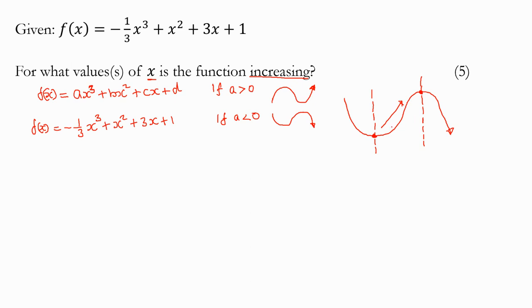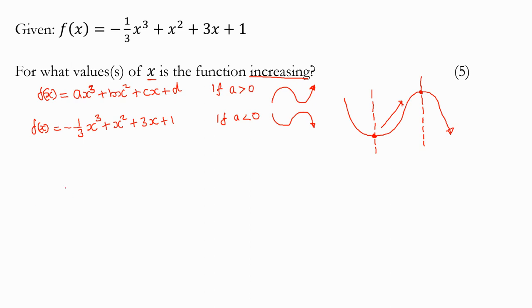Remember, the derivative is the gradient, and at the turning points the gradient is equal to 0. So we have to derive our function, get the derivative and equate it to 0, and then find the x coordinates of those turning points.